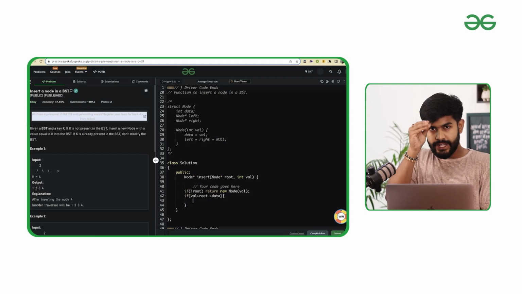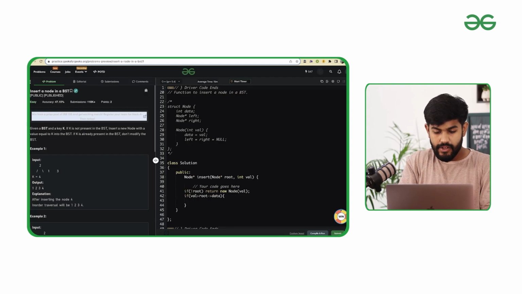That is, root dash data is less than the val itself. So root dash right is equal to insert root dash right comma val itself.